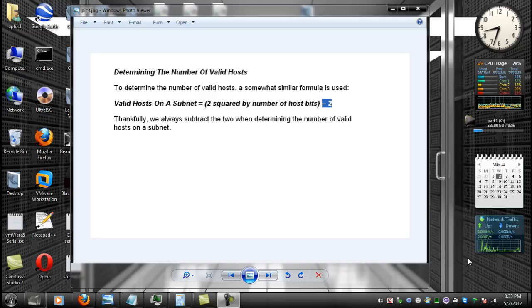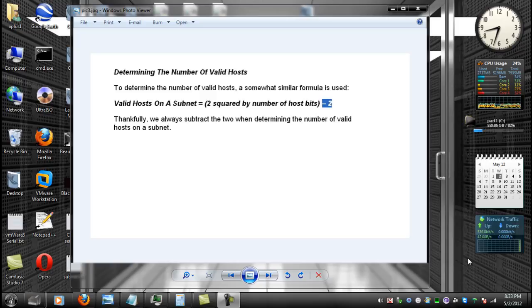It's easy to remember because when doing subnets, it's 2 to the power of the number of subnet bits, and when doing valid hosts, it's 2 to the power of the number of host bits. So they've got the appropriate word in the equation. And there is no lecture on it because you subtract 2 all the time.